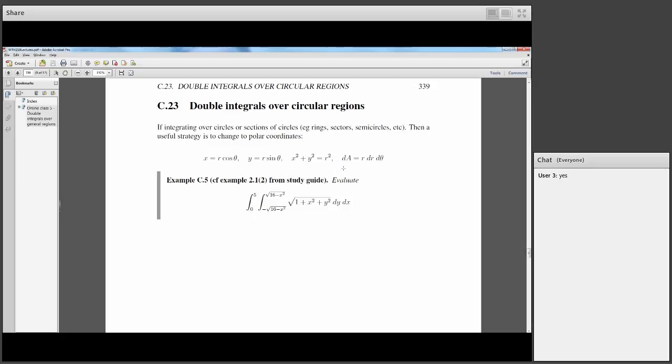Because you're changing variables, it changes the bit of area. So the dy dx term, which we commonly write as dA, ends up becoming r dr d theta. And you can do d theta dr if you wanted to as well, of course. So that's the key thing. We'll look at more about change of variables.